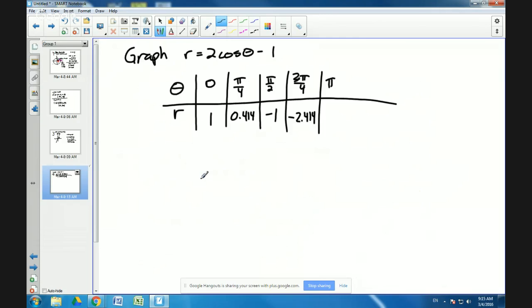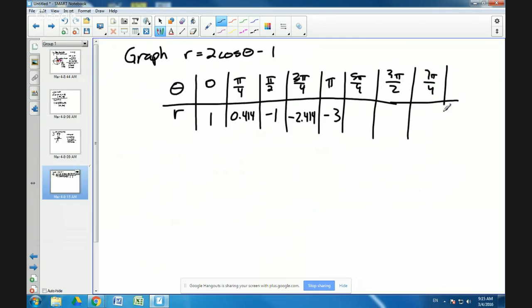Cosine of pi is negative 1, so that's negative 3, minus 1, negative 4. Go ahead and calculate the rest of them out. 3 pi over 2, 7 pi over 4, and 2 pi. Should be the same as that. You can see they usually repeat.